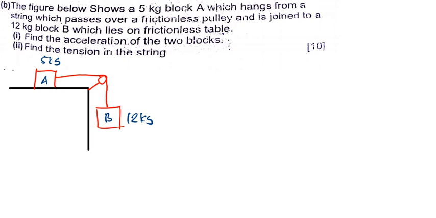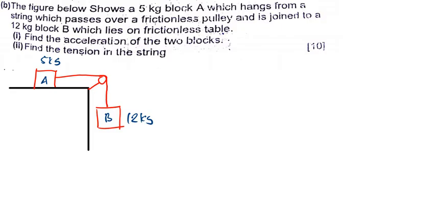So the question is, the figure below shows a 5 kg block A which hangs from a string which passes over a frictionless pulley and is joined to a 12 kg block B which lies on the frictionless table.